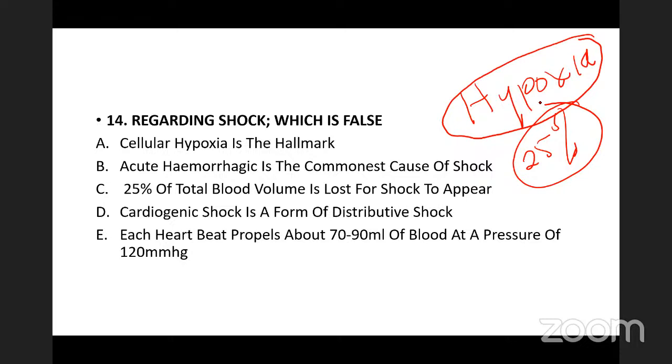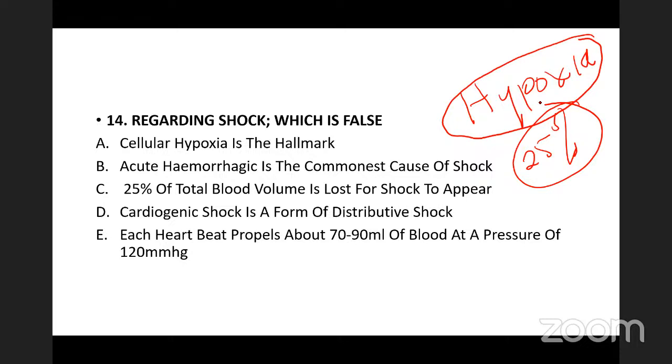Now, cardiogenic shock is not a form of distributive shock. Distributive shock results from peripheral vasodilation and pooling of blood. It is the capacitance vessels that dilate and pool blood in the periphery. Patients develop a form of distributive shock.